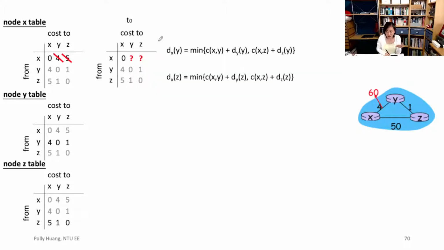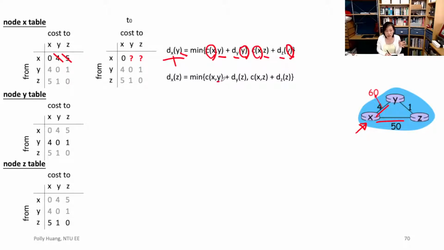Let me remind you how the Bellman-Ford equation should look to calculate dx,y. This is calculating the shortest distance from x to y. We need to try asking the two neighbors of x, neighbor number 1, y, and neighbor number 2, z. These are the two possible neighbors to exploit to go to a particular destination.